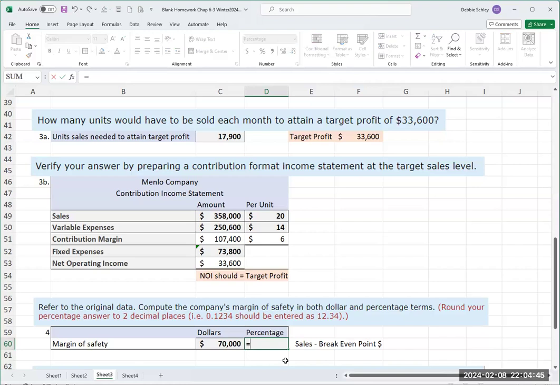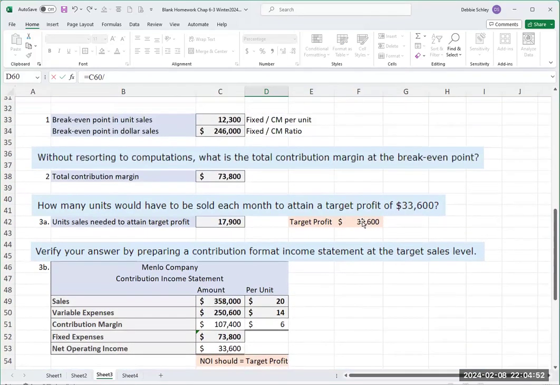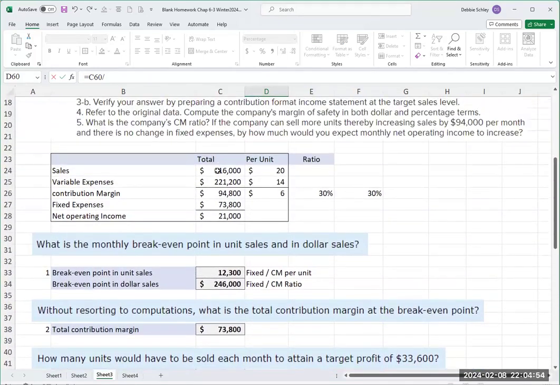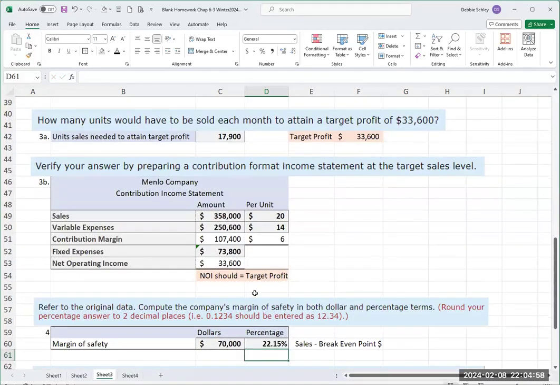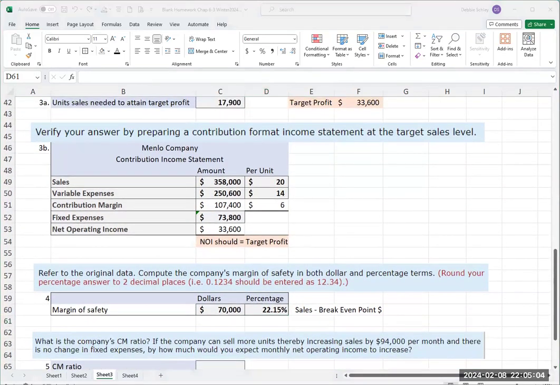So I'm going to take equals margin of safety divided by, and remember, we're not dealing with what we did for 3B. We're dealing with the original sales that they gave us. And remember to round it to 2 decimal places. Okay. And we're not done yet.